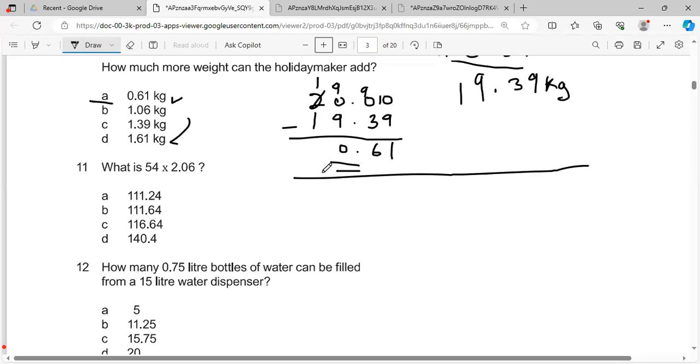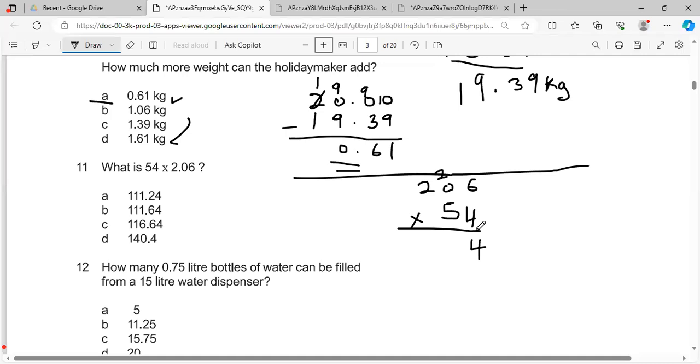What the rule says, we're gonna ignore the decimal point at first, right? So we're just gonna multiply 206 by the 54. So 4 6s 24.